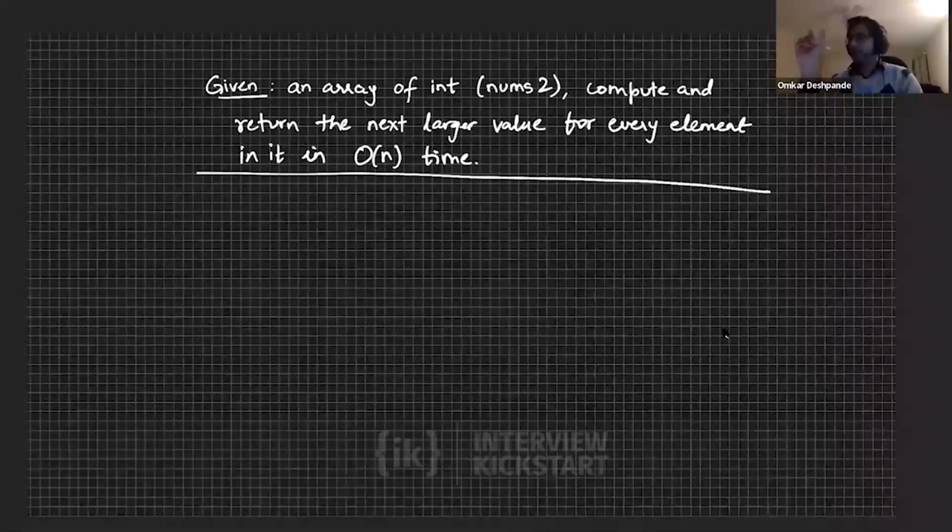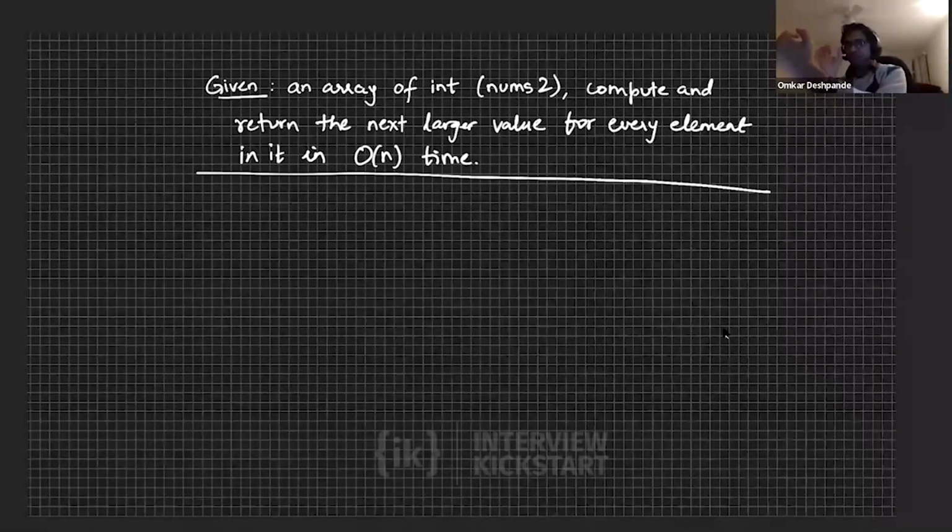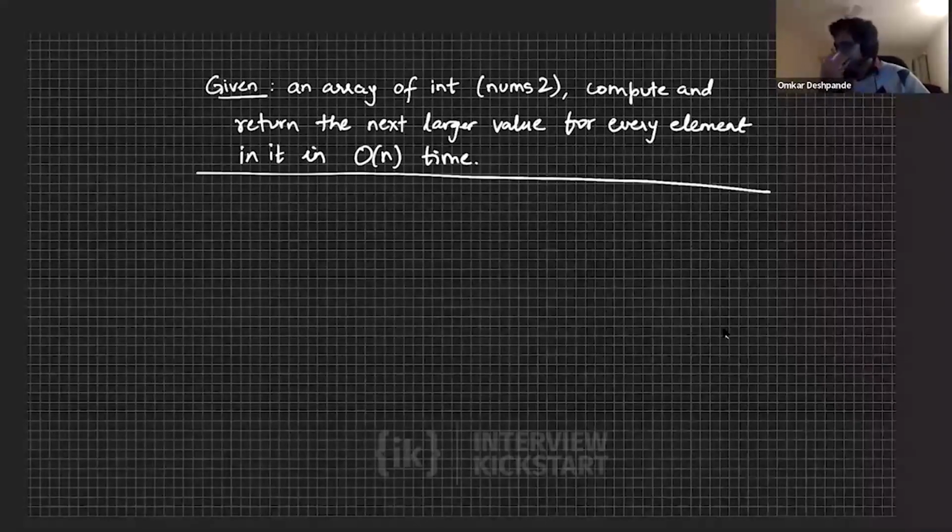If you were to take the array and imagine, in 3D space, walking behind it and looking at it from the back side, then what is the next larger value from the front is going to appear to be the previous larger value from the back side. So one would expect that the code for this is going to be identical or almost identical to the code for finding the previous larger value for each element.